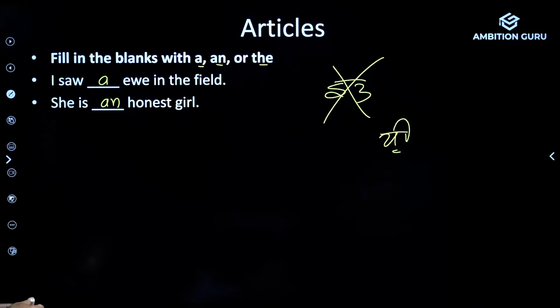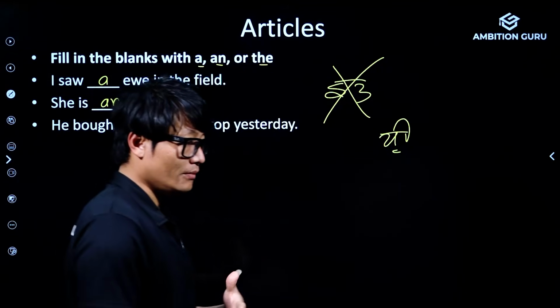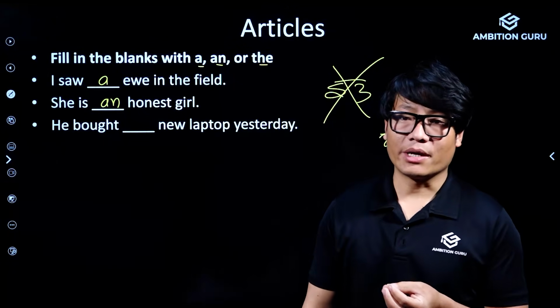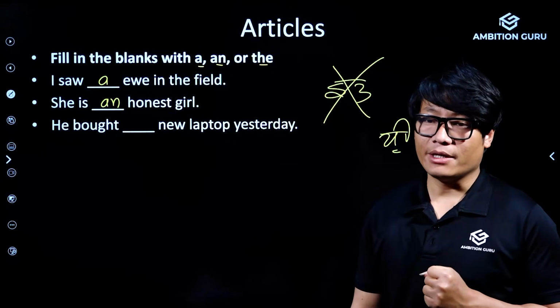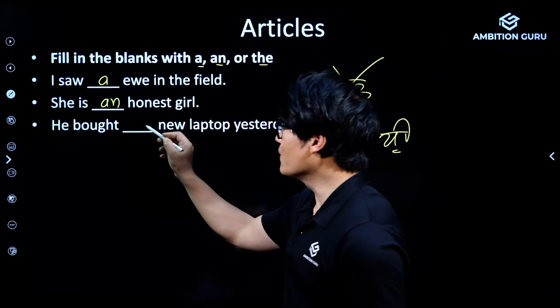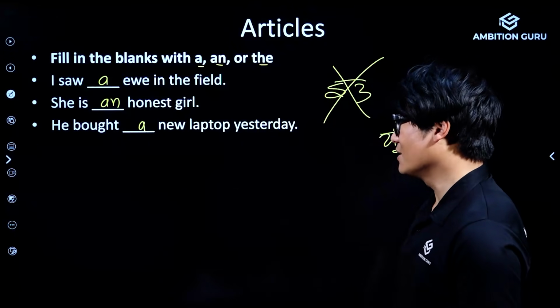She is an honest girl. Next, he bought dot dot dot new laptop yesterday. New laptop yesterday. Very good. So obviously here should be a. He bought a new laptop yesterday.